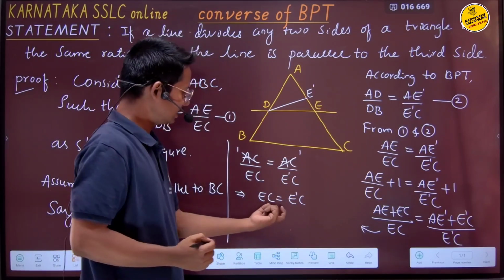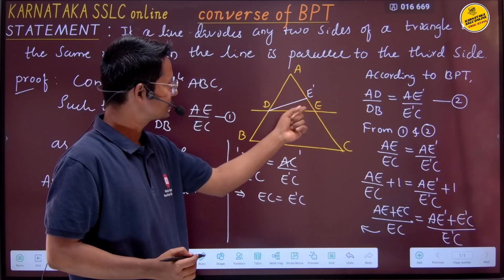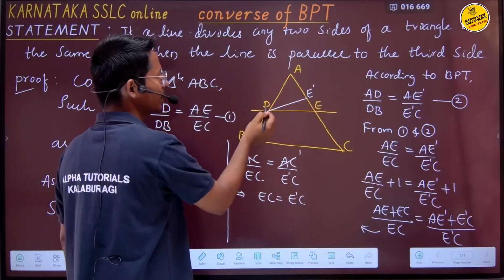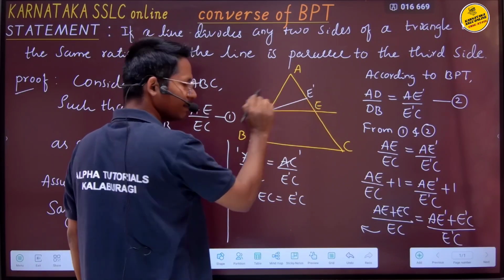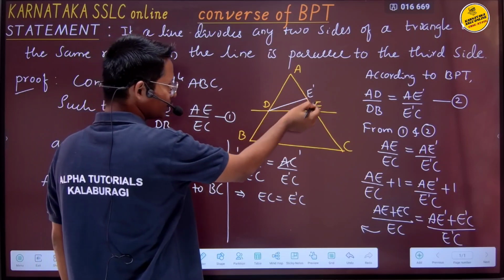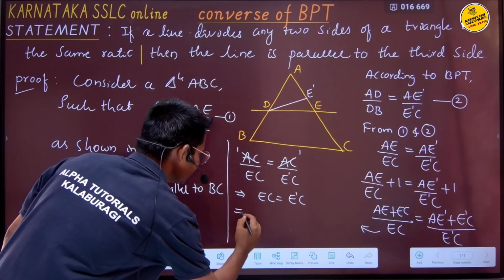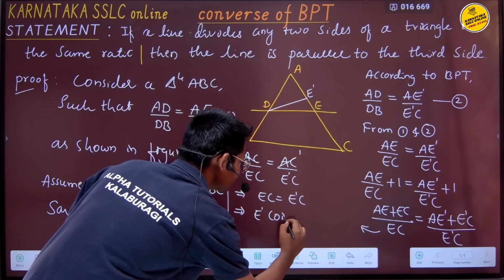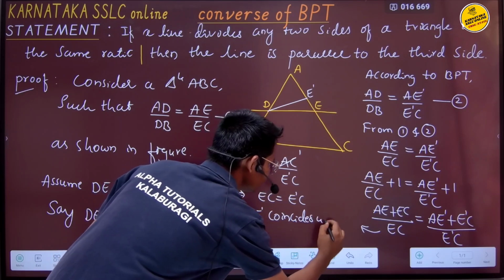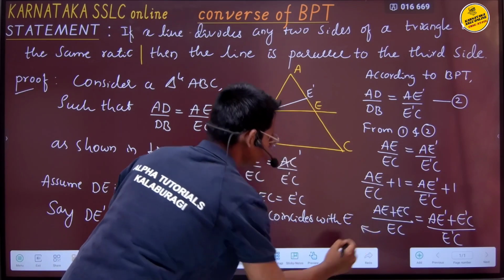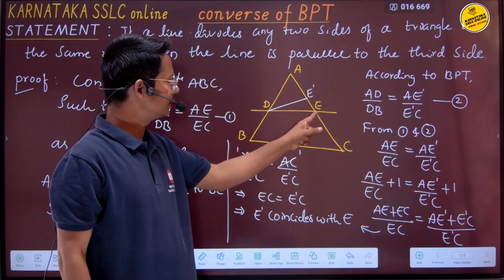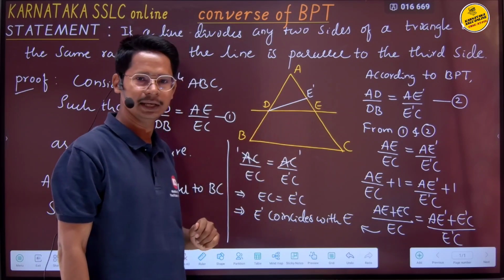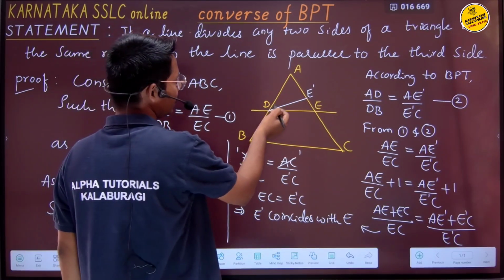So when EC is equal to E dash C, it means what we assumed, E dash, should coincide with E. So I can write that E dash coincides with E. When E dash coincides with E, the line segment DE dash also coincides with DE. We already assumed DE dash is parallel.